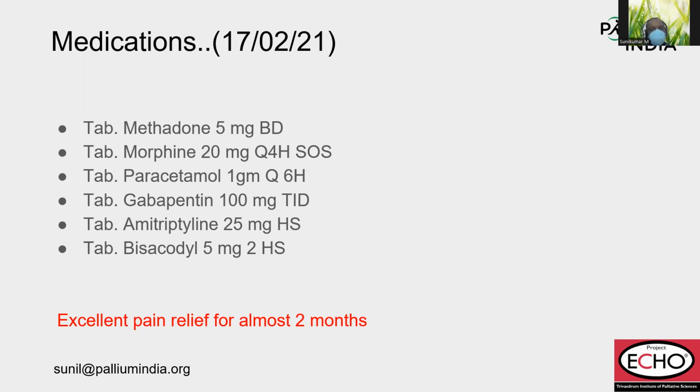But after this, she was actually going out and doing all the activities. And those 2 months were the time during which she enjoyed her life. And I think she died about 2.5 months after starting methadone.